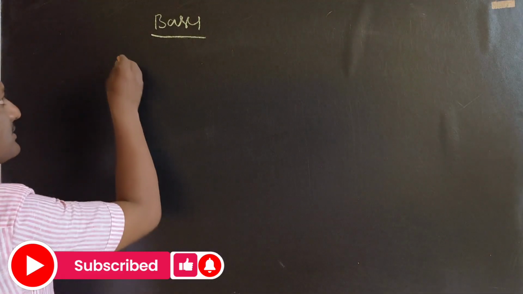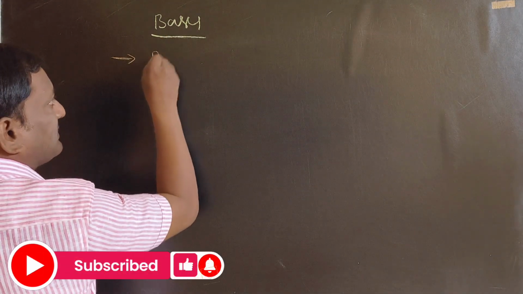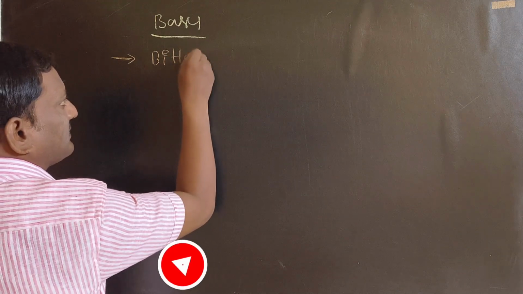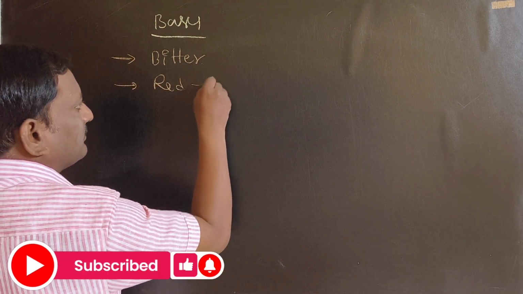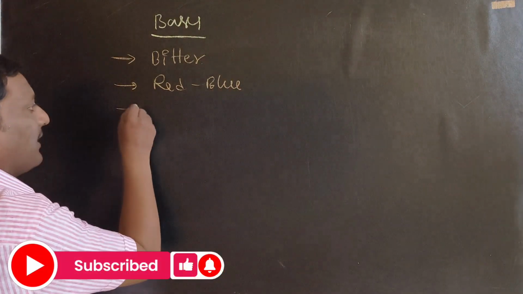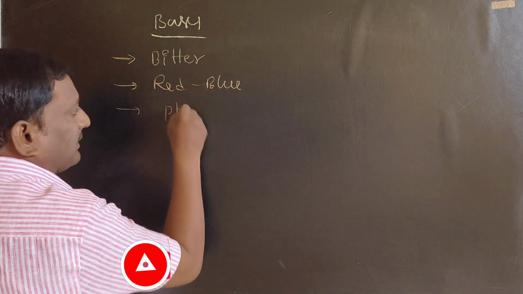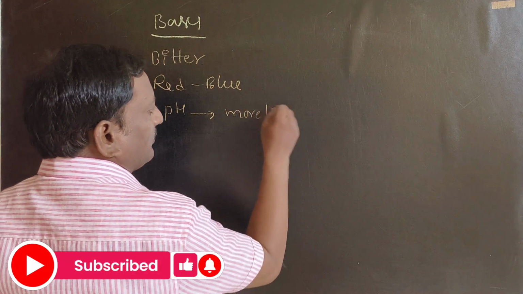A base is a chemical substance just bitter in taste, turns red litmus to blue. They have pH greater than 7, that means more than 7.